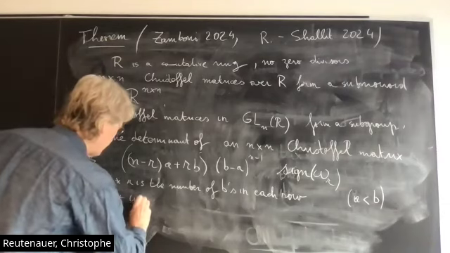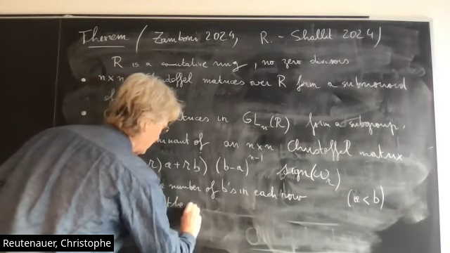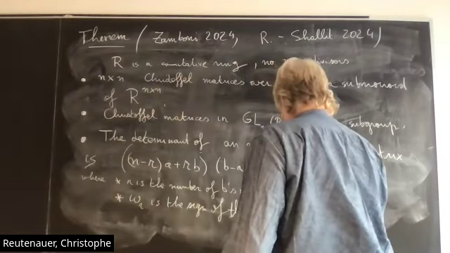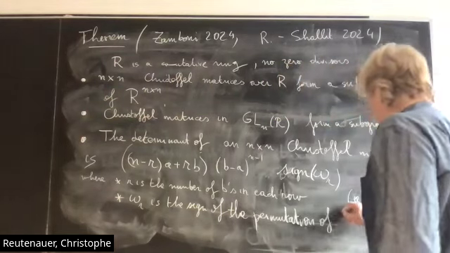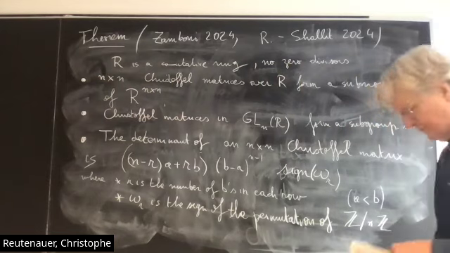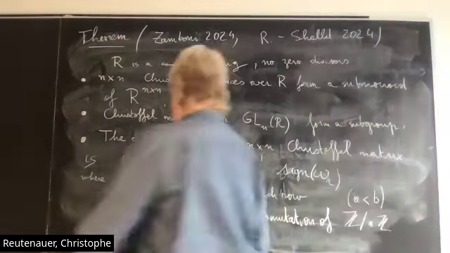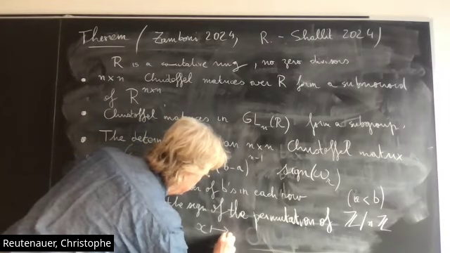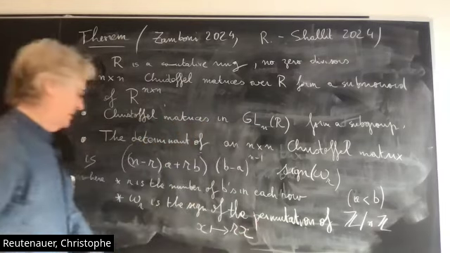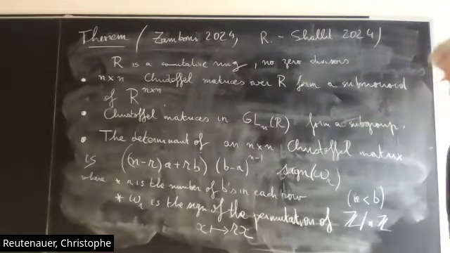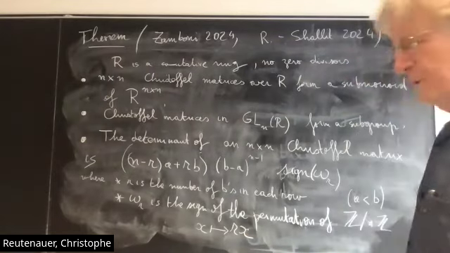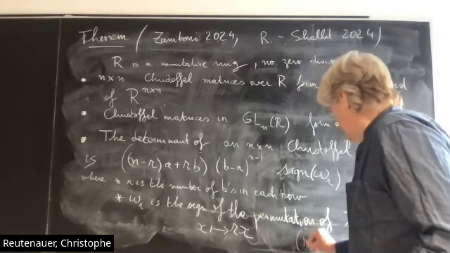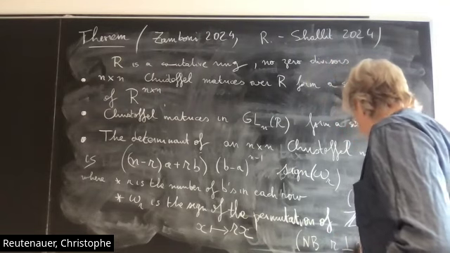And omega r is the sign of the permutation of Z over nZ, the permutation which is multiplication by r, of course modulo n. r and n are relatively prime.